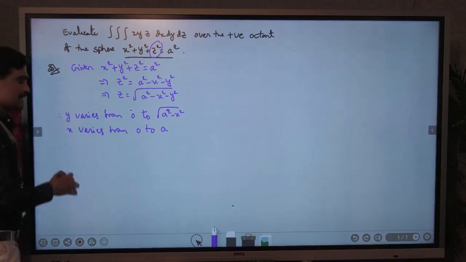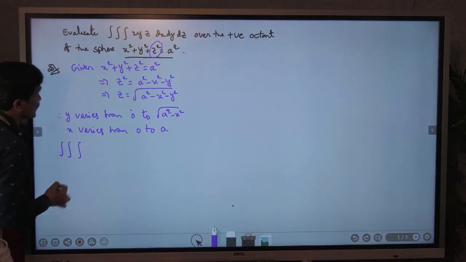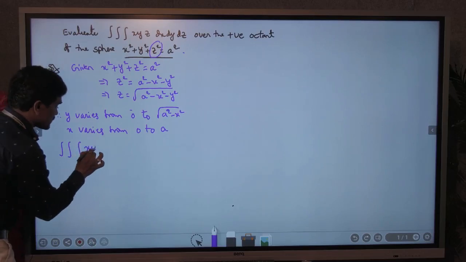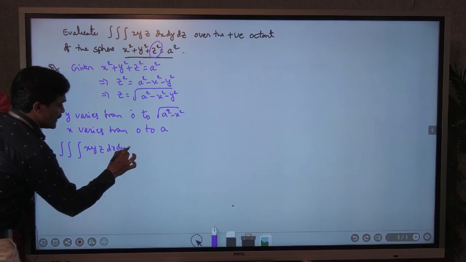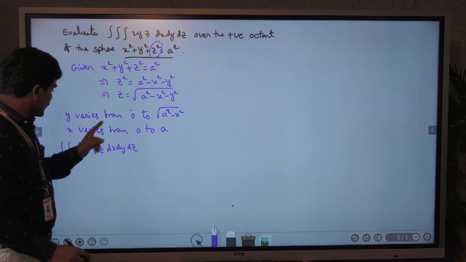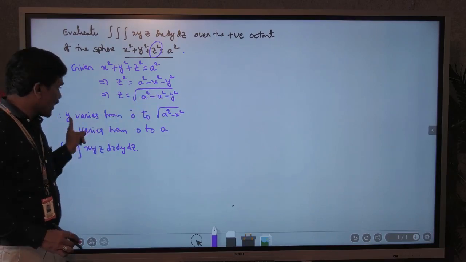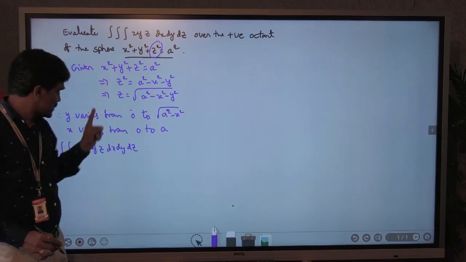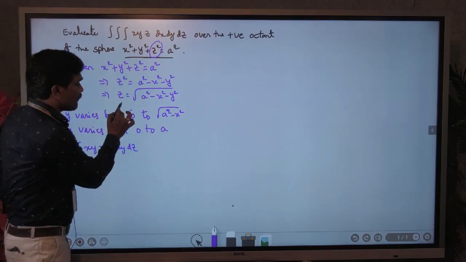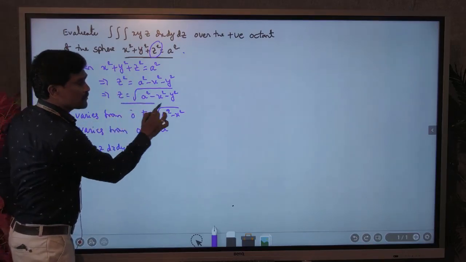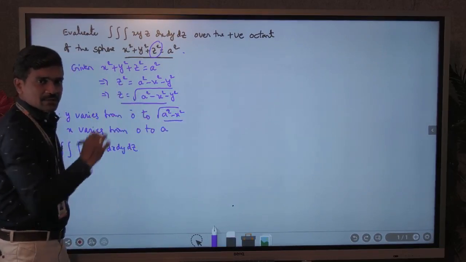Now take the given integral, the triple integral of x y z dx dy dz. Observe that z is a function of x comma y, the y limits are a function of x, and the x limits are 0 to a. So first we integrate with respect to z, then with respect to y, and after that with respect to x.